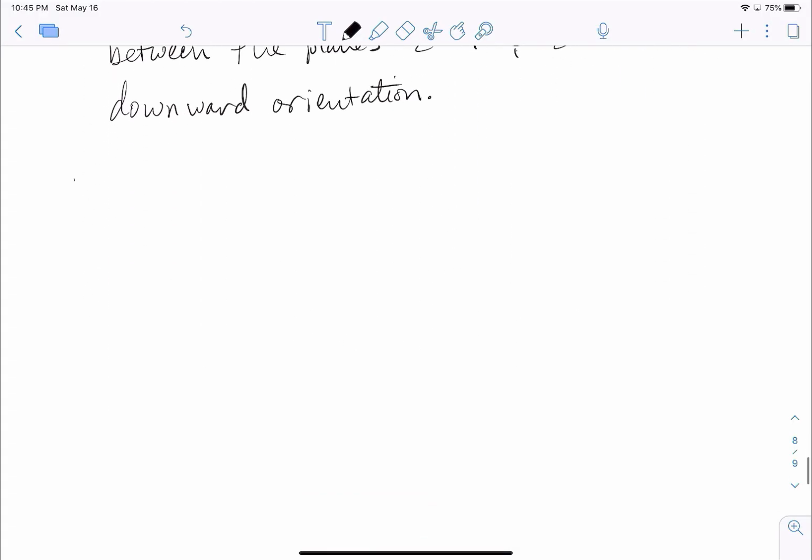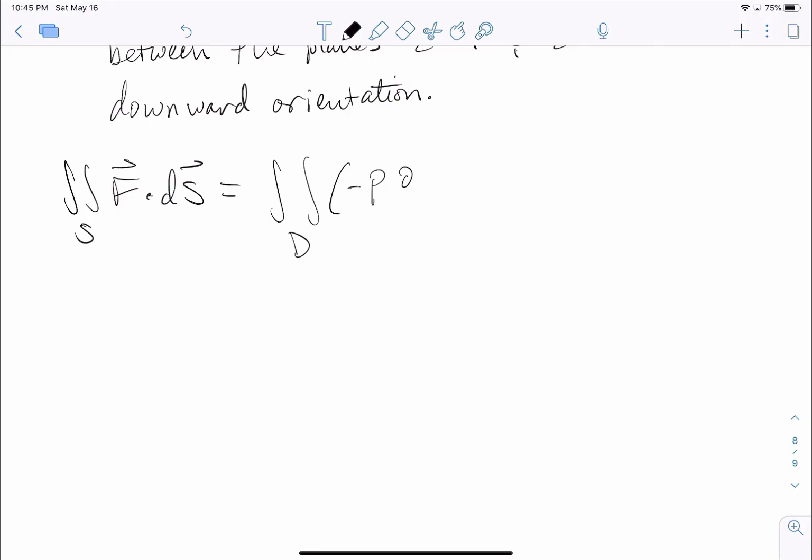So our surface integral over S of f dot dS is going to equal the double integral over D of, now if it were upward orientation, it would be P times the partial of z with respect to x minus Q times the partial of z with respect to y plus R dA.